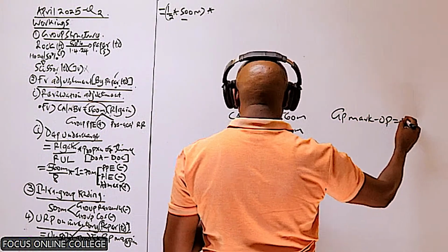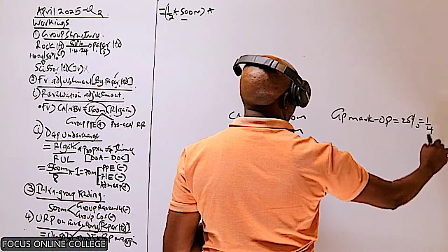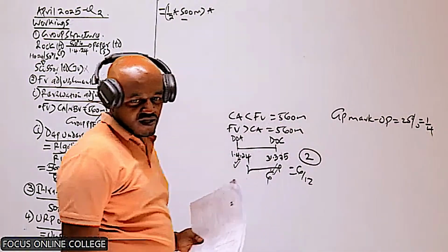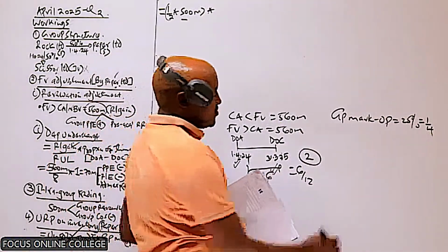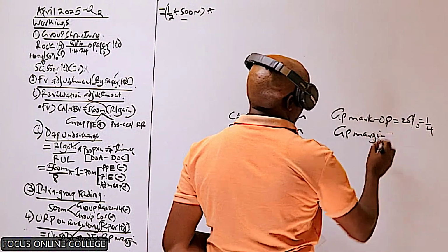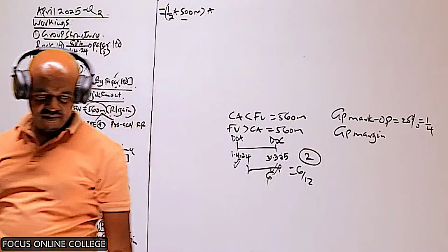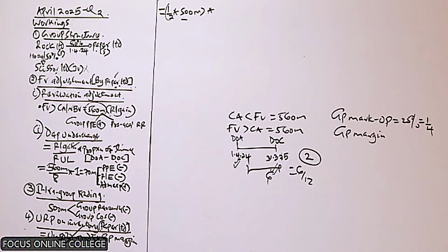Gross profit markup is 25%, which is the same as a quarter. Having this, can we determine the gross profit margin? Our gross profit margin, I'm told by Gilbert, will be 20%.